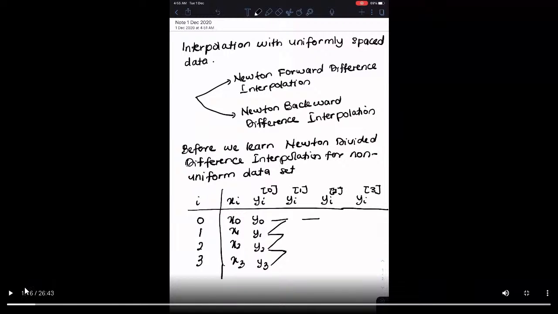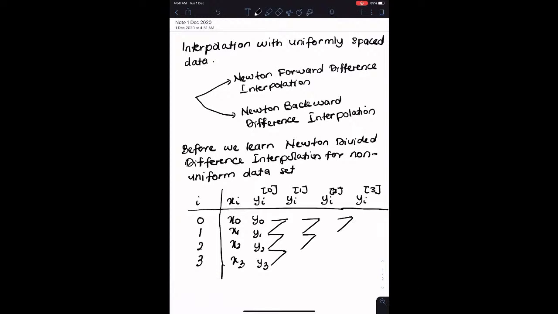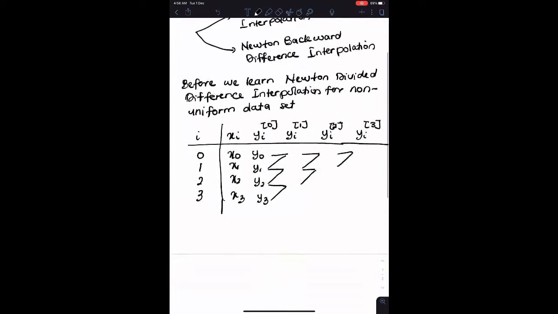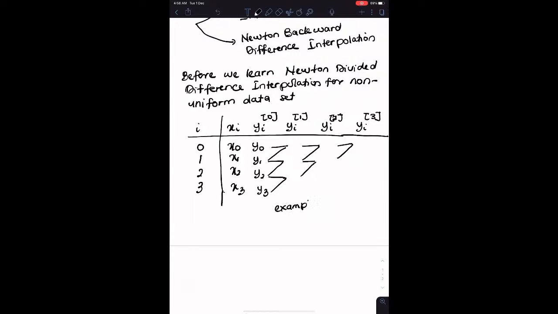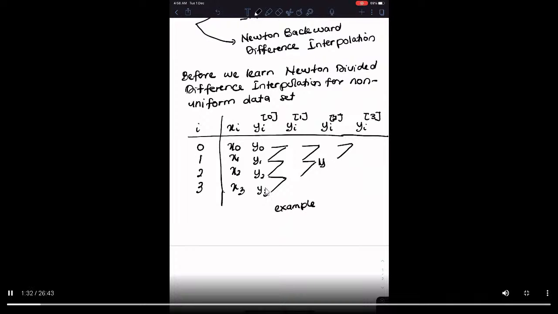This is important, and then we divide by the x for the specific point. I already taught you that the triangle is based on the forward above. For example, you want to find y1,2, order 2.